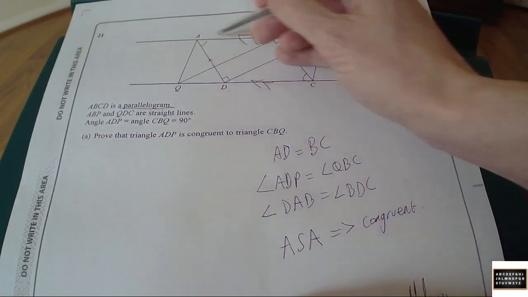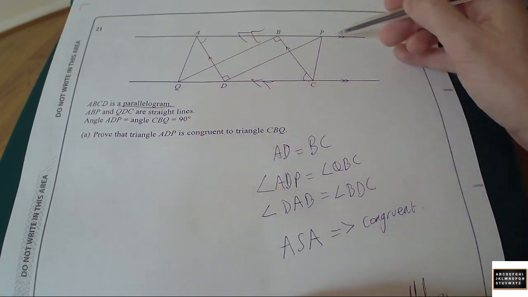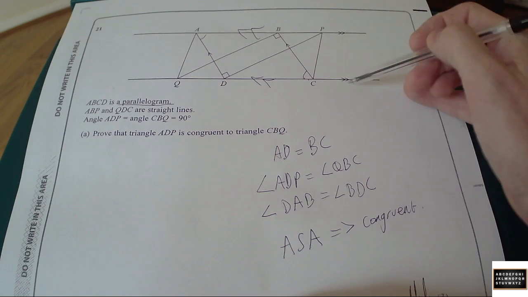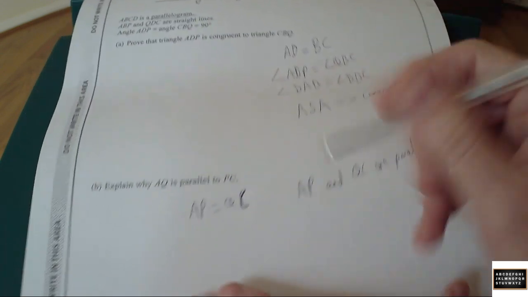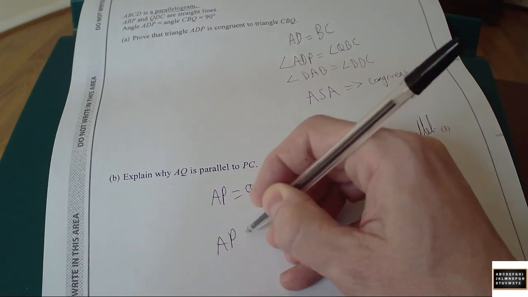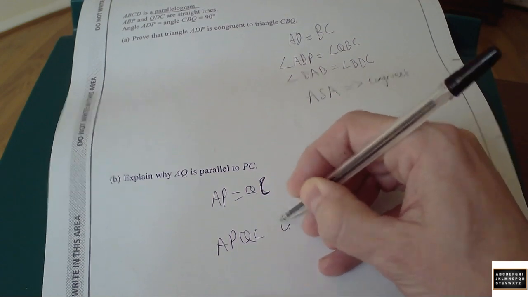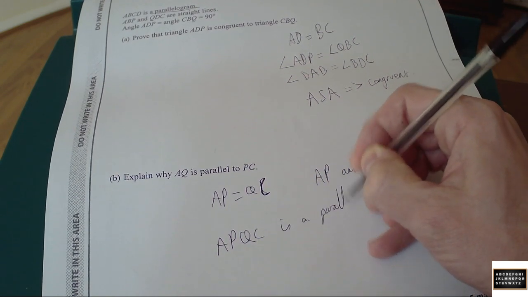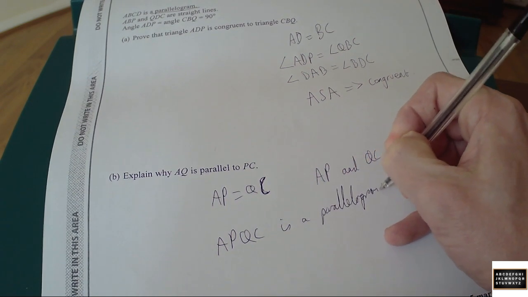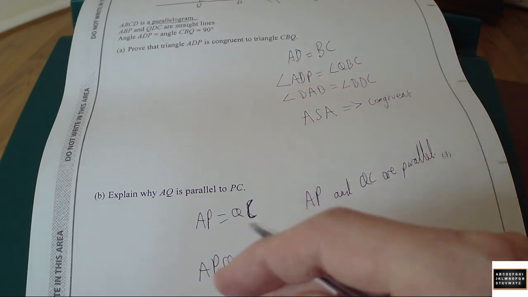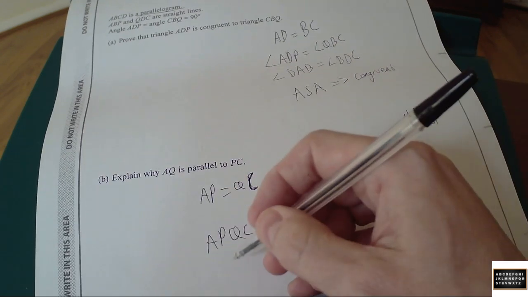this shape here, APQC, that has to be a parallelogram. So APQC is a parallelogram, and if it's a parallelogram, that means that the opposite angles are equal and the opposite sides are equal and the opposite sides are parallel.